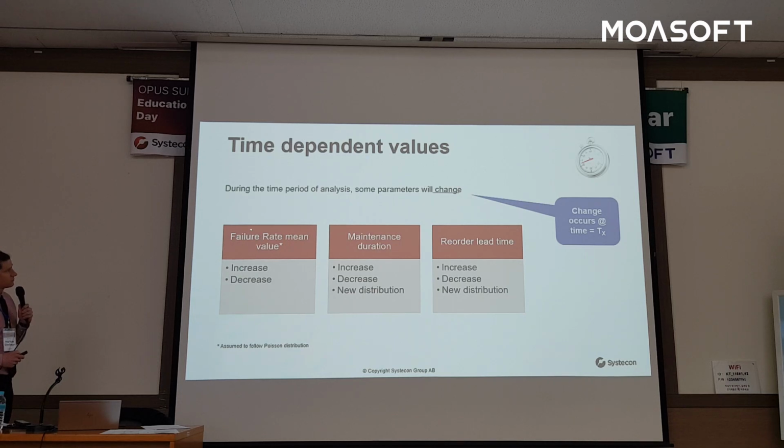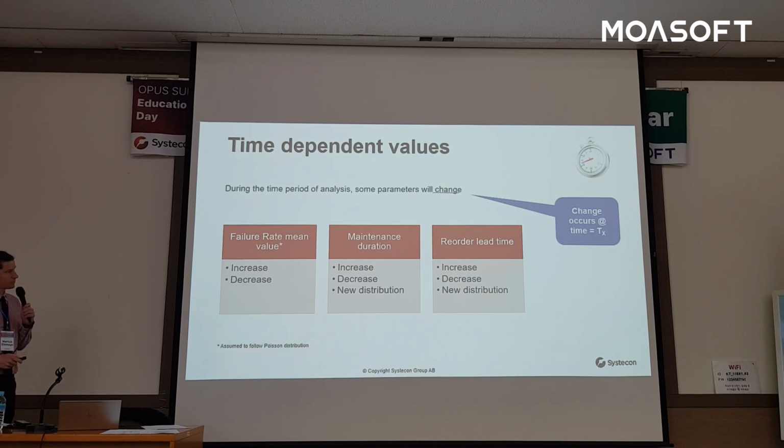So, for example, the mean value for failure rates can increase or decrease at certain points. The duration of performing certain tasks might increase or decrease, or can also be given a distribution. I haven't talked about this, but for the simulation it's actually possible to also define other distributions, not just a deterministic number.